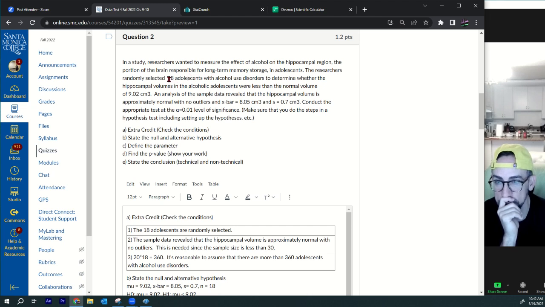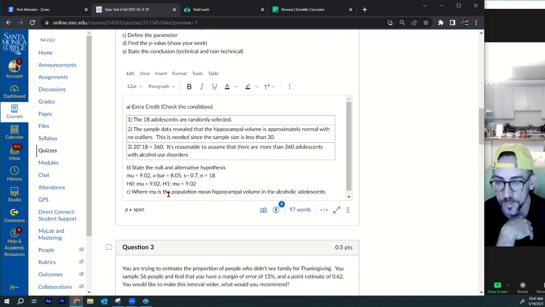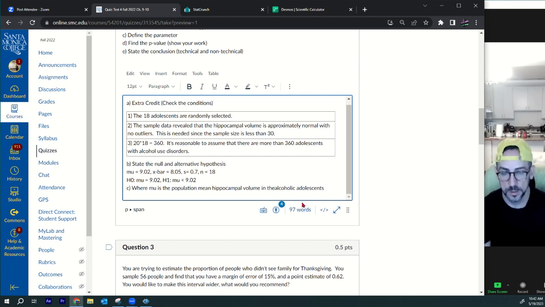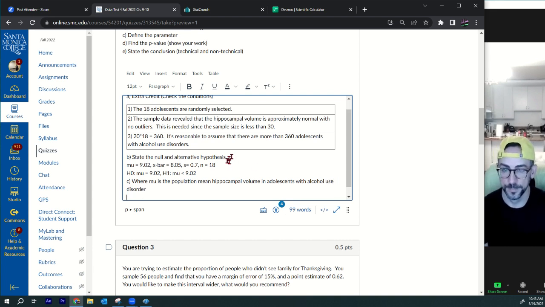Got it. So everybody that we're choosing has alcohol use disorder. We're trying to figure out their hippocampal volumes. Where mu is the population mean hippocampal volume in adolescents with alcohol use disorder. There we go.